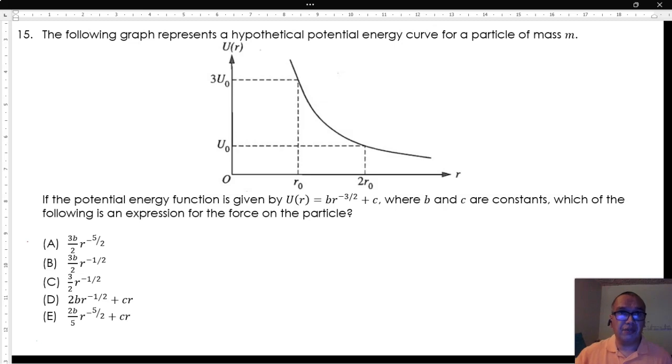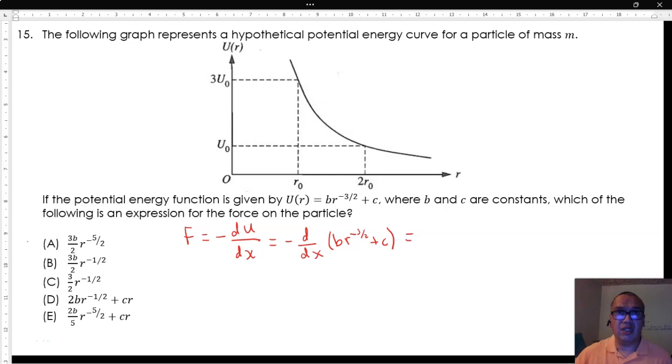Any potential energy function is such that the force function is the negative of the derivative of the potential energy with respect to position. If we take the derivative of this power function, the constant c disappears.